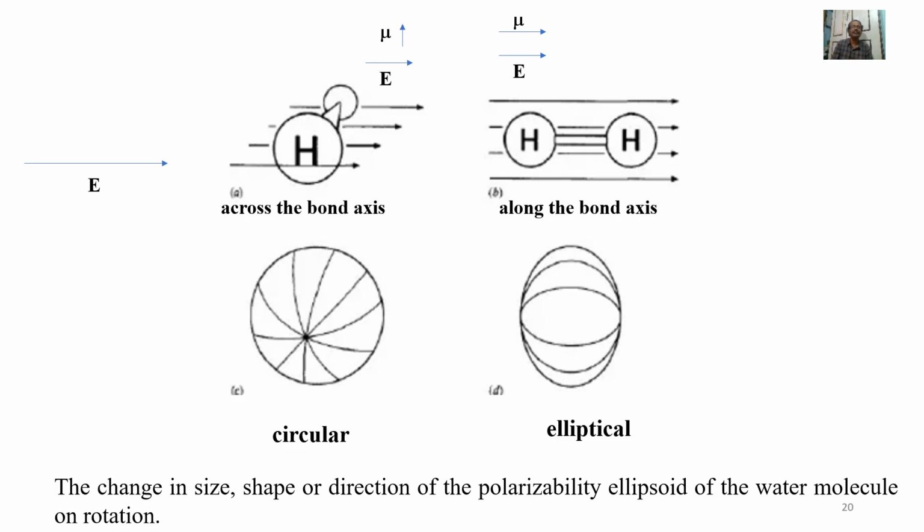See here, mu is perpendicular to E, and we have the circular shape. Whereas here, along the bond axis, E and mu are both parallel to each other, and we have the elliptical shape. This shows the change in size, shape, or direction of the polarizability ellipsoid of the H2 molecule on rotation.